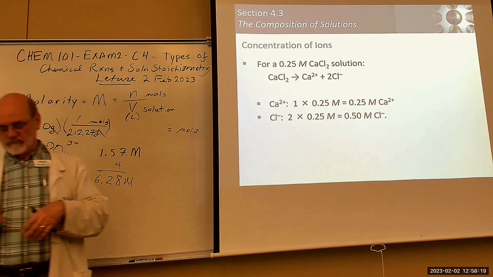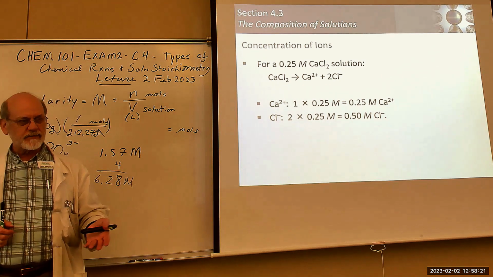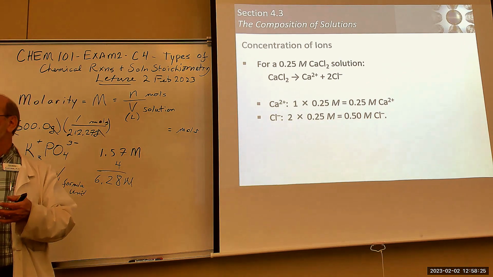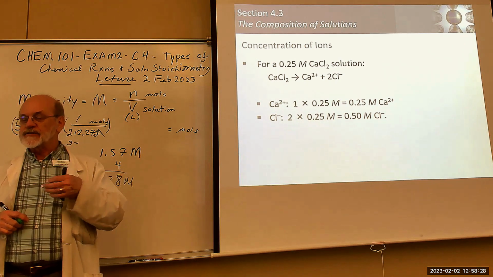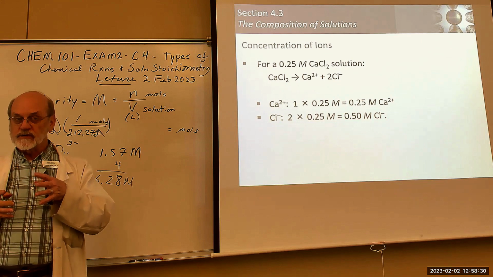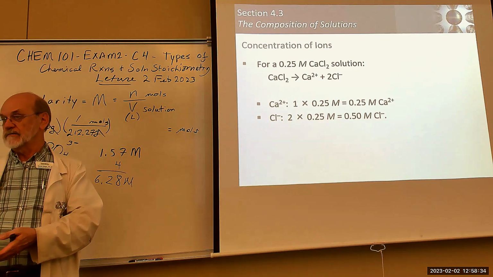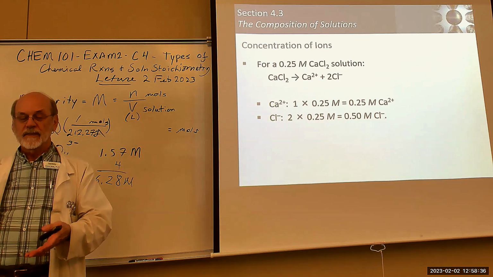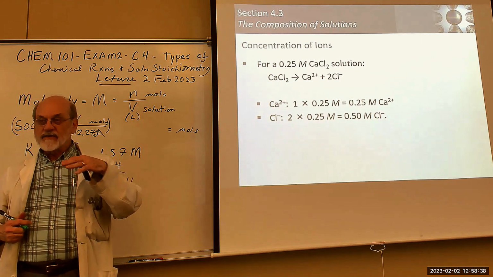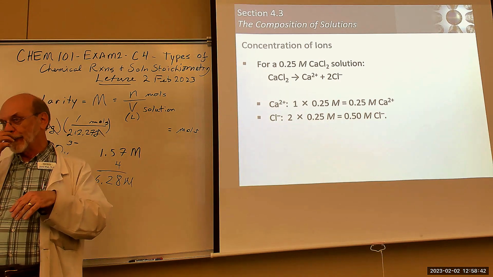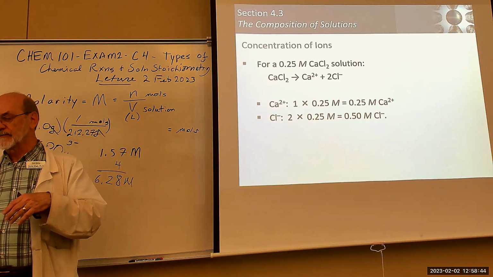And we're going to introduce a concept second semester, sorry. It's called the colligative property. And it has to do with how many moles of anything are dissolved in the solution. It doesn't matter what they are. And they will have an effect on the freezing point of water. So that's why they put salt on the roads.